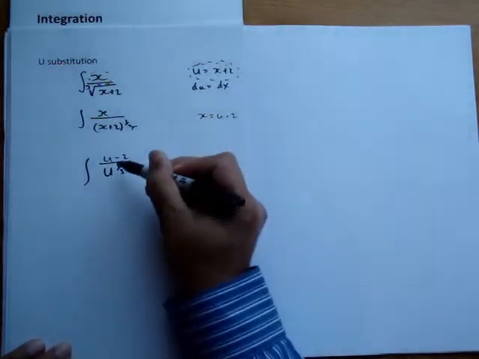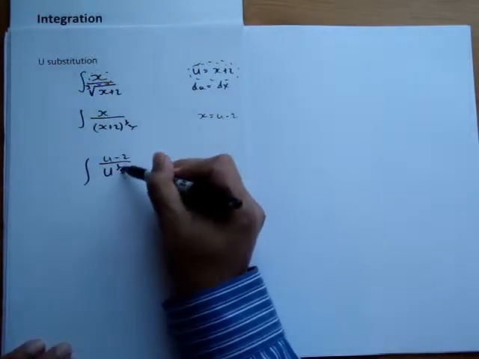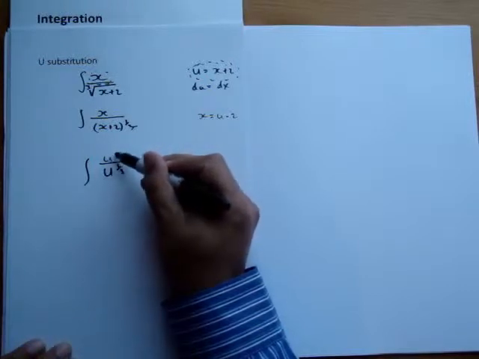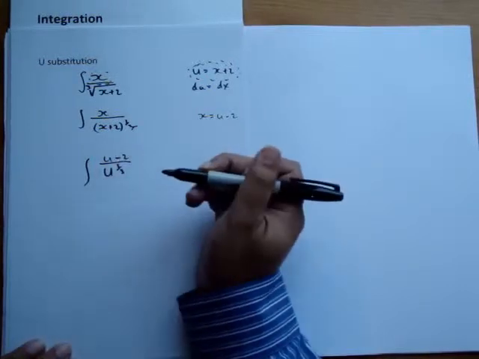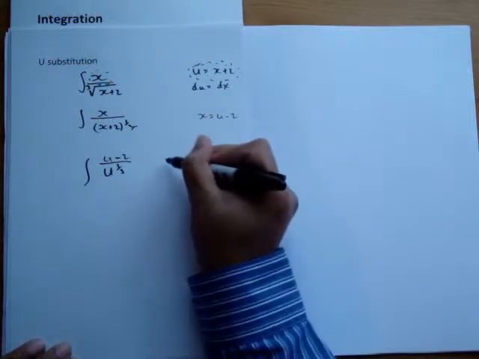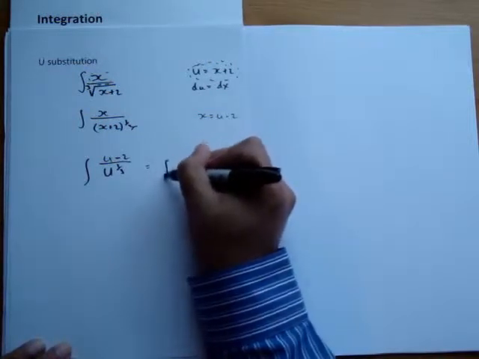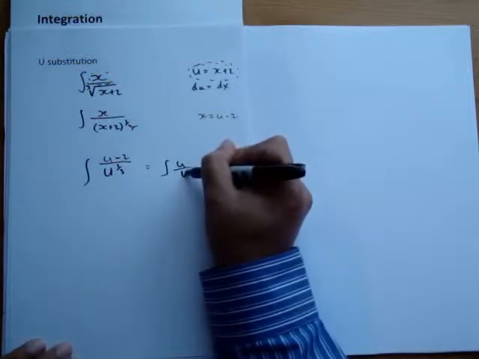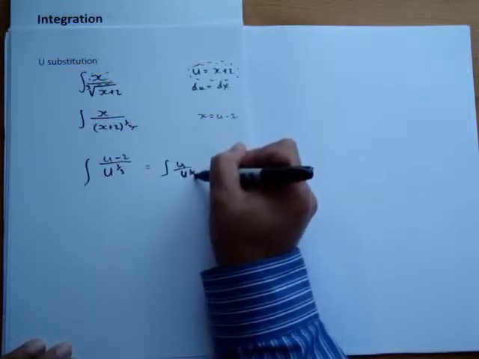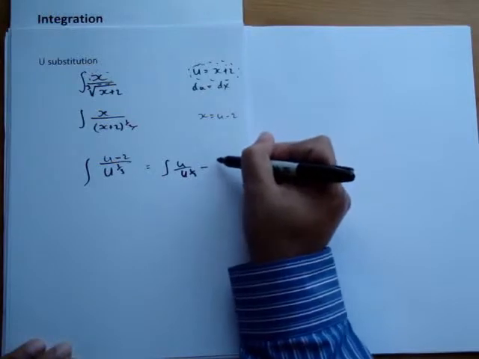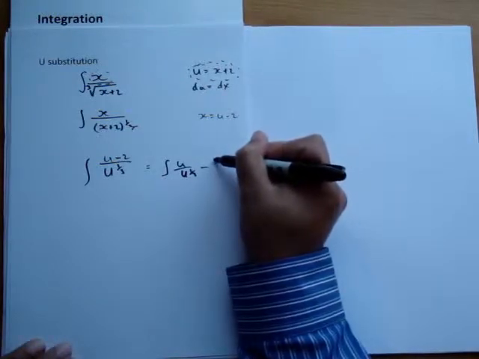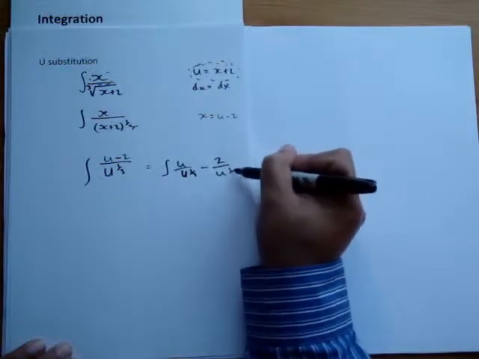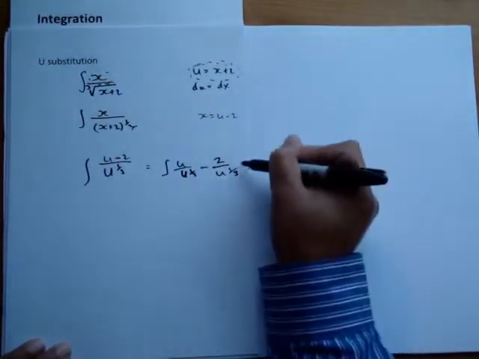Now, because we have a single term on the bottom and a plus or minus on the top, we can split this into two. So this becomes the integral of u over u to the 1/3, minus 2 over u to the 1/3, du.